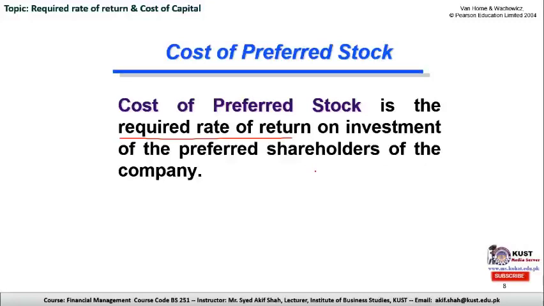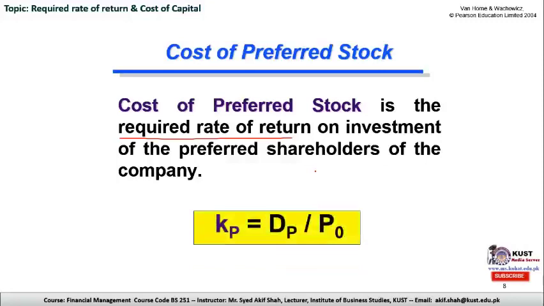So let's suppose the company is paying out a certain amount of money as dividend to the preferred shareholders, and we would like to find out its cost in terms of percentage to the company, so we can use a simple formula as mentioned before.